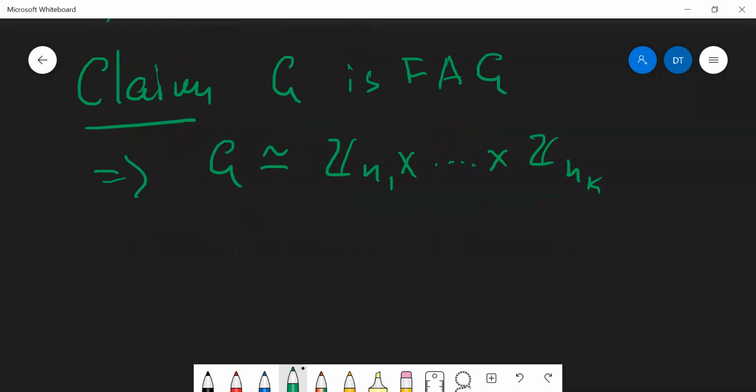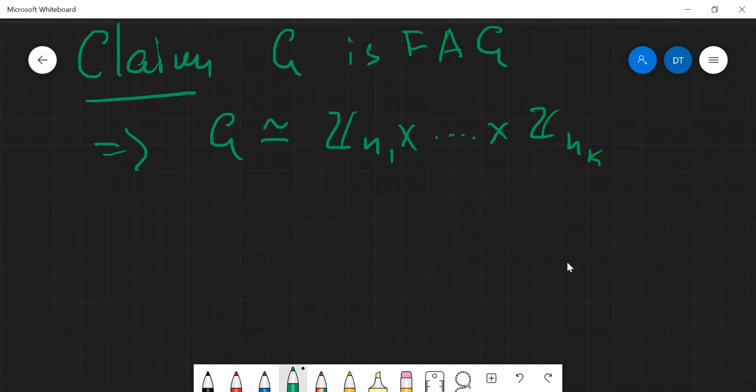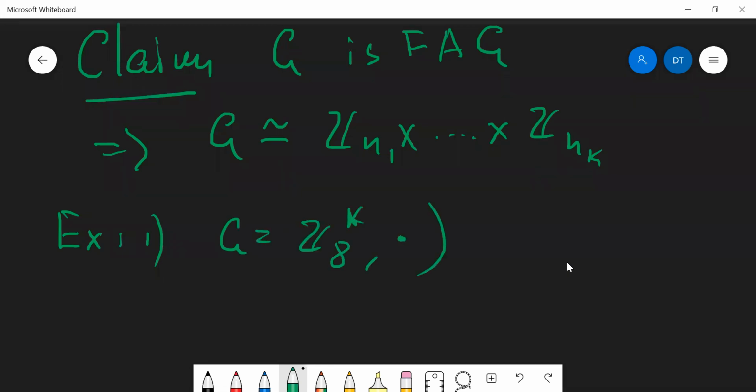Okay, so let me show you several examples because it's very important to understand several things. So a finite abelian group may be given in a very sophisticated form. For example, you may define G as Z8 star with multiplication.